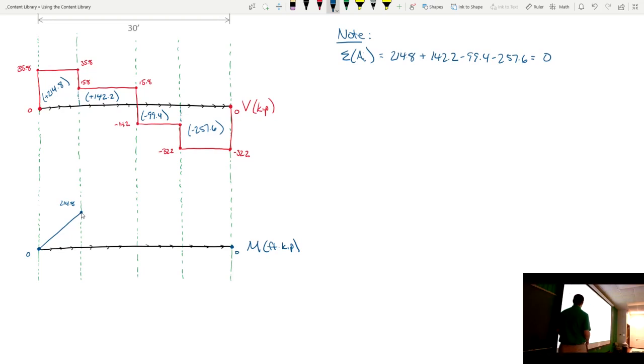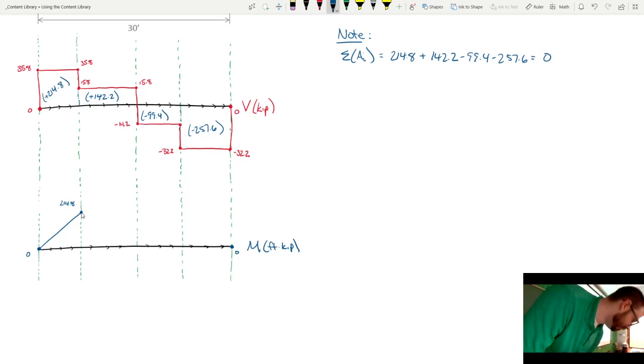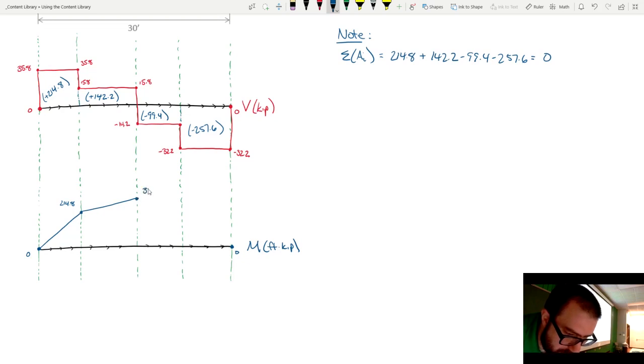214.8. Now, we're going to go from here to here. If I'm at 214.8 and I go up this much, where does that put me? Somebody help me out. 357. So that's going to be maybe something like that. Now I'm at 357. I dropped down 99.4.